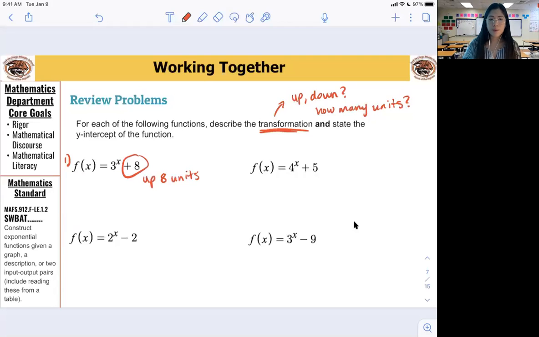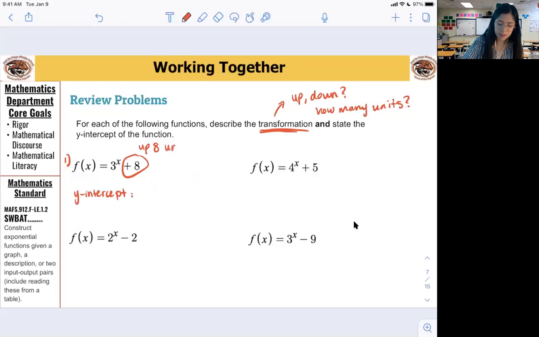So then what's going to be the y-intercept? Eight. Don't fall for the trick. 11? Nope. 8? Nope. When I say up 8 units, I don't mean from the origin.